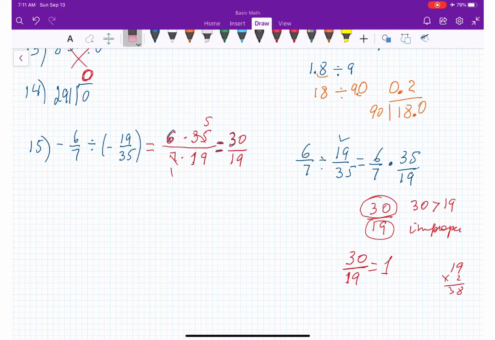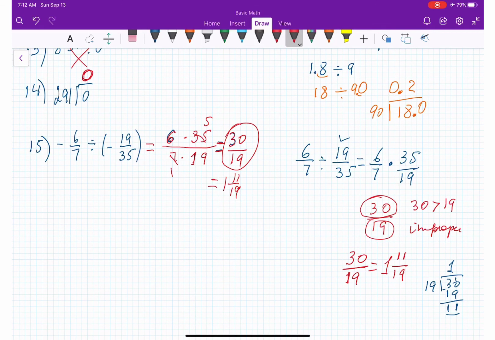So how much is the remainder? 30 minus 19 is 11. We have remainder 11. So the remainder goes in the numerator. The denominator we never touch, it stays the same. So it will be 11 over 19. But pay attention, in this problem, they require you to leave it as an improper fraction.